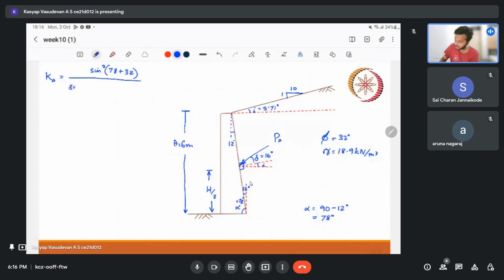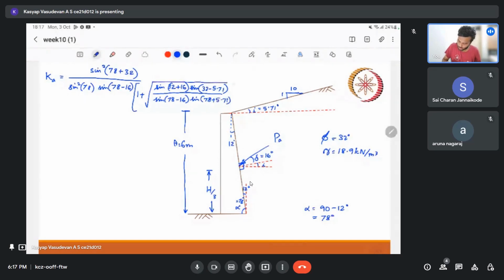In the denominator we have sine square of alpha, that is 78, into sine of alpha minus delta, that is 78 minus 16, and a big bracket, 1 plus root of sine of phi plus delta, so phi plus delta is 32 plus 16, into sine of phi minus i, that is 32 minus 5.71, divided by sine of alpha minus delta, that is 78 minus 16, into sine of alpha plus i, that is 78 plus 5.71.